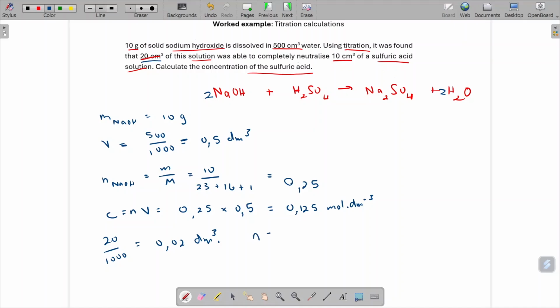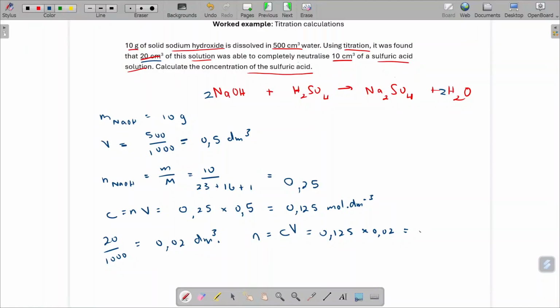So if we work with this example, we'll say that the number of moles will be equal to the concentration multiplied by the volume. Concentration we found to be 0.125, the volume 0.02, and that will give us an answer of 0.0025 moles.